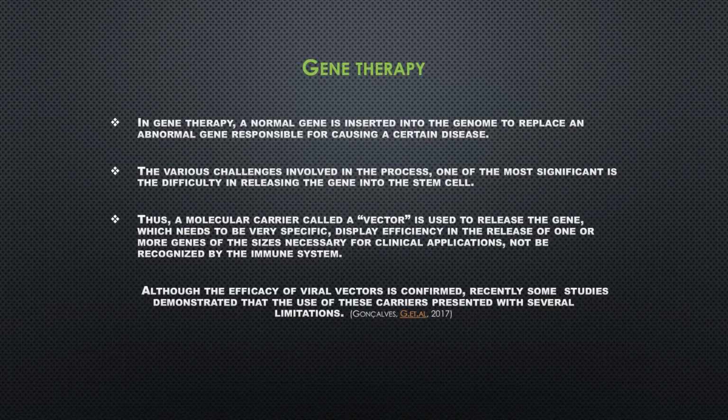Thus, a molecular carrier called a vector is used to release the gene, which needs to be very specific, display efficiency in the release of one or more genes of the sizes necessary for clinical applications, and not be recognized by the immune system. Although the efficacy of viral vectors is confirmed, recently some studies demonstrated that the use of these carriers presents several limitations.